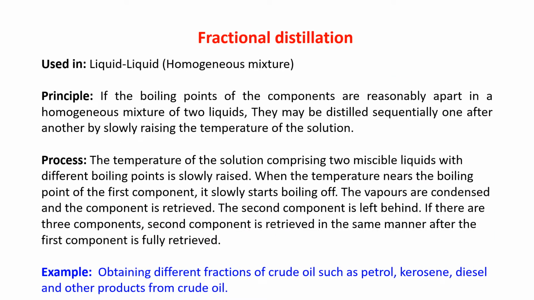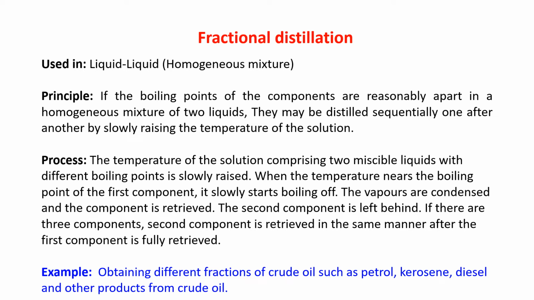Next is fractional distillation. Fractional distillation is used to separate a liquid-liquid homogeneous mixture. This is also based on the principle of the difference in boiling points of the components.